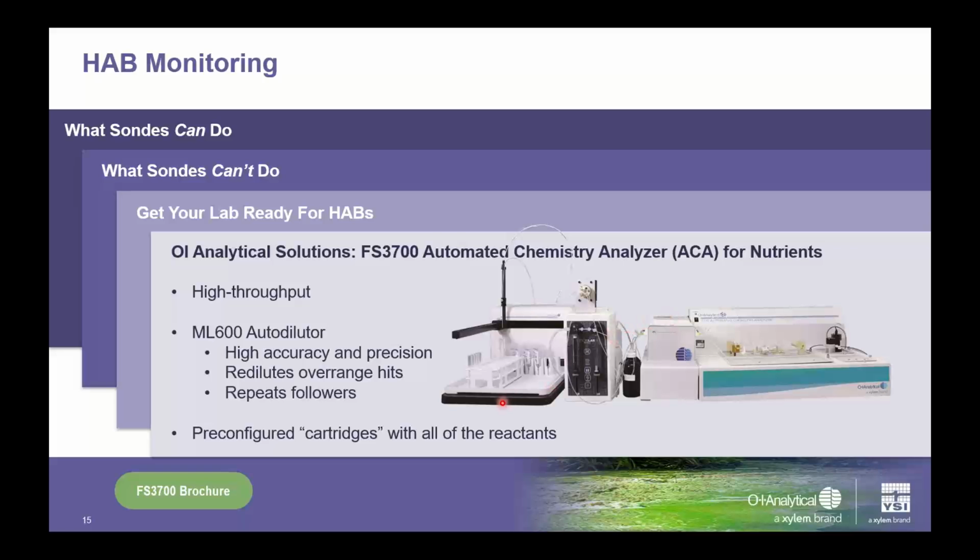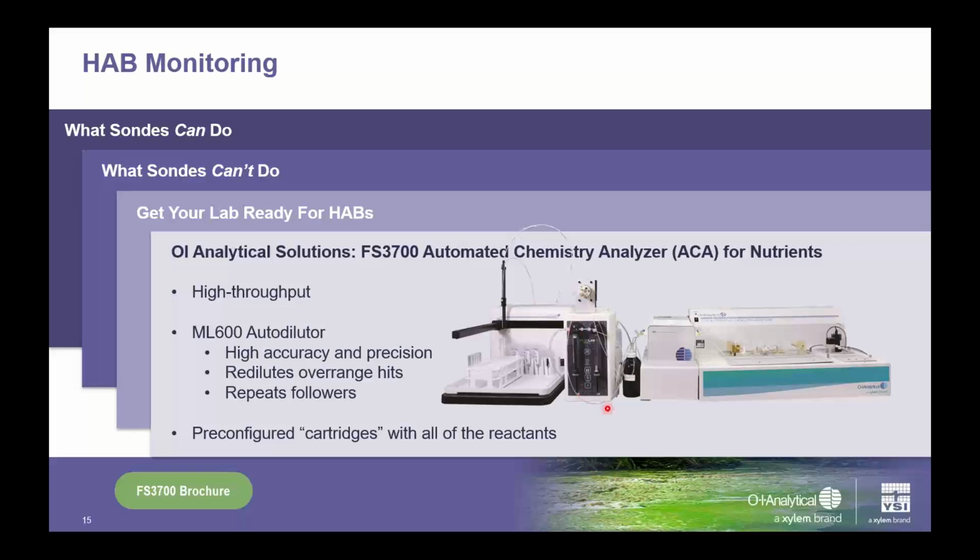It is a high throughput platform that you're going to be able to use for measuring phosphorus and nitrates and total Kjeldahl nitrogen, as we'll discuss. We did just add an auto diluter to this platform, which just makes this a really wonderful, pretty much hands-free way to get highly accurate measurements of these nutrients that we're talking about today.